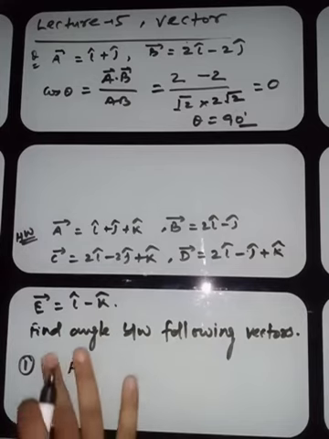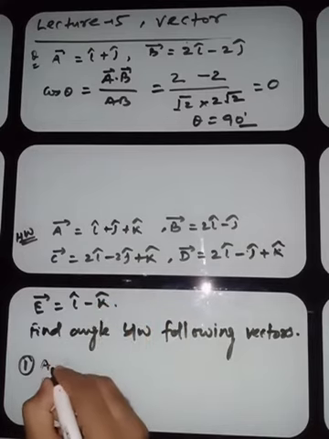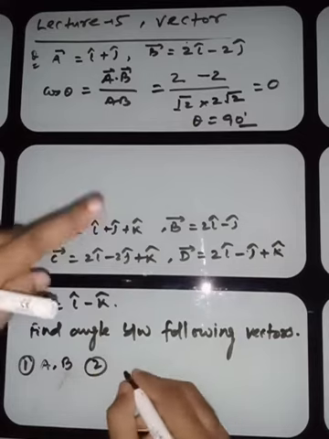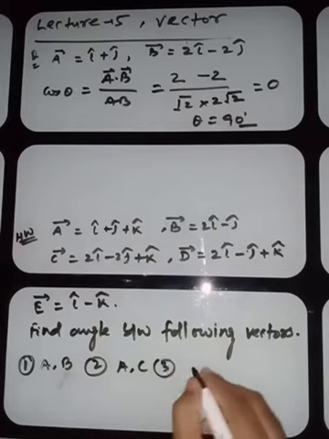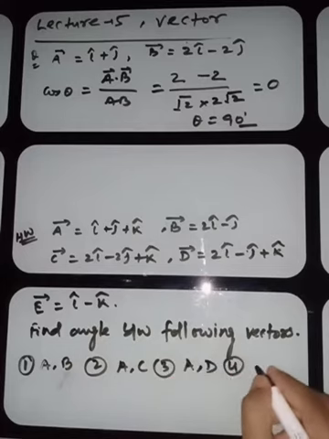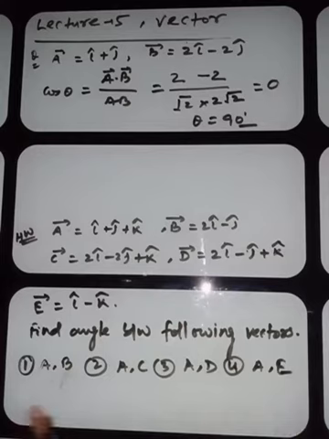Find the angle between the following vectors. The following vectors are A and B. Second, A and C. Third, A and D. Fourth, A and E. In the same way, you have to make all the probable combinations and find the angle.